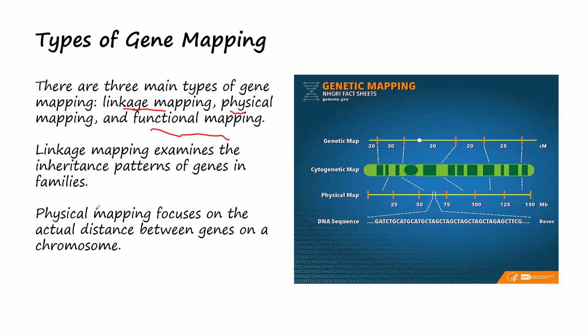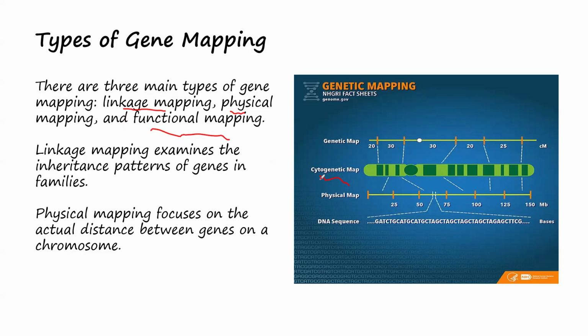And of course, physical mapping is a type of mapping that focuses on determining the actual distance between genes on a chromosome. And we also have cytogenetic mapping. Cytogenetic mapping is a type of mapping that is usually used to stain the chromosomes and then visualize them with a microscope.